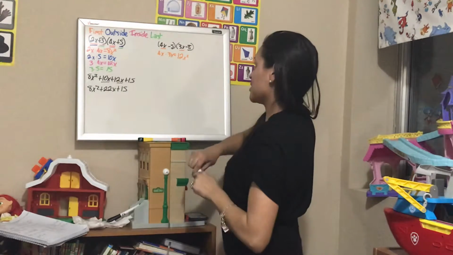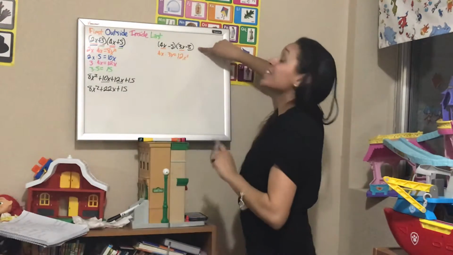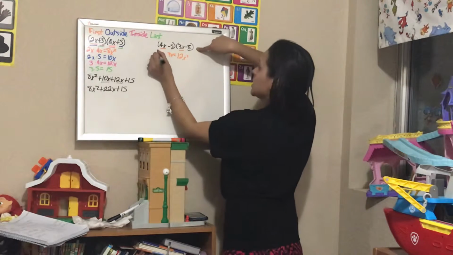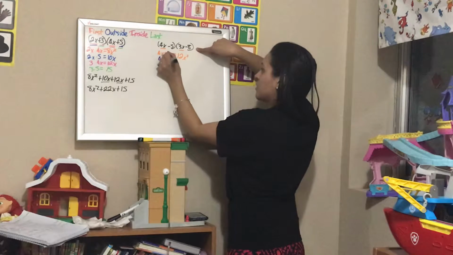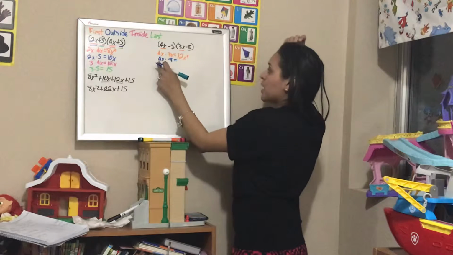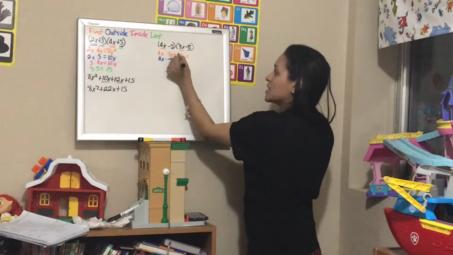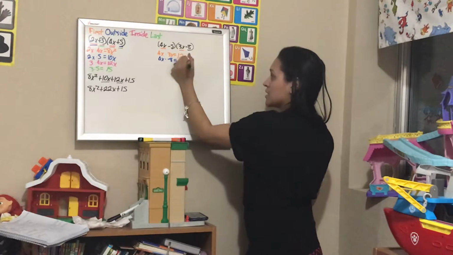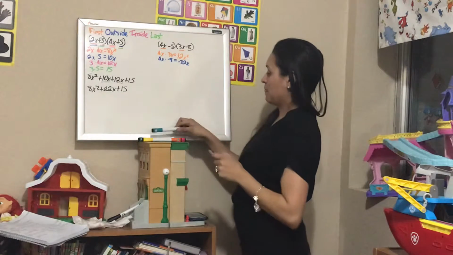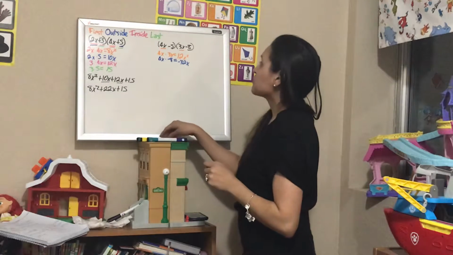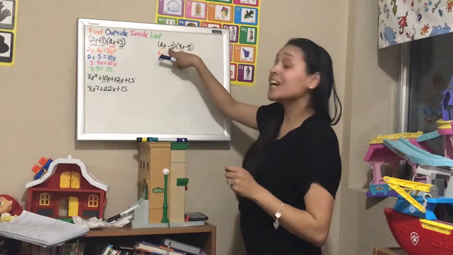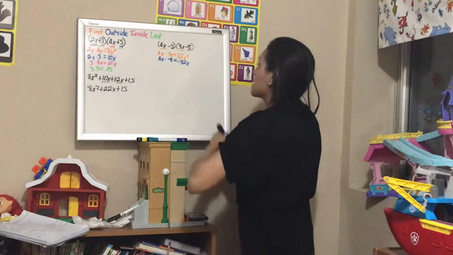Our outside terms will be 4x and negative 8. So positive times a negative will give us a negative 32x. Our inside terms are going to be negative 5 and positive 3x.